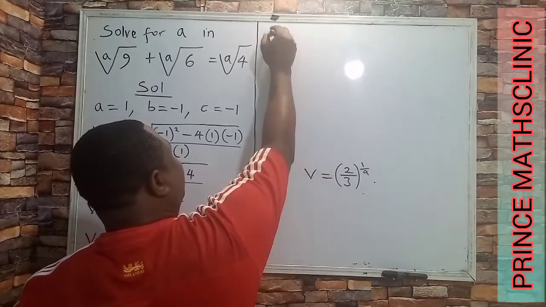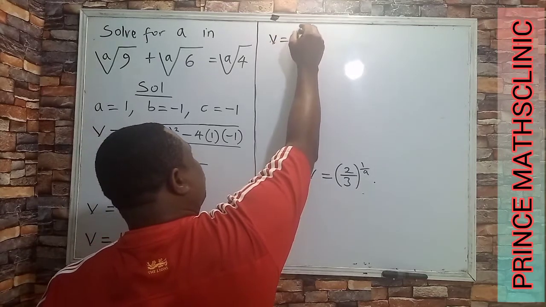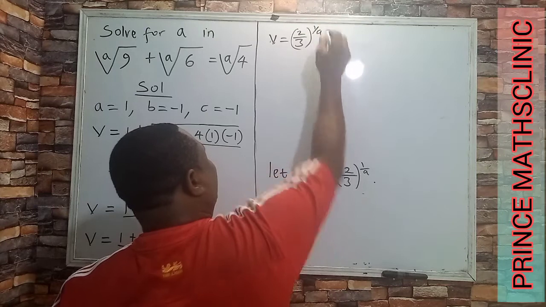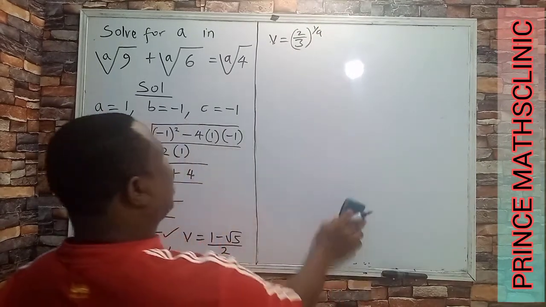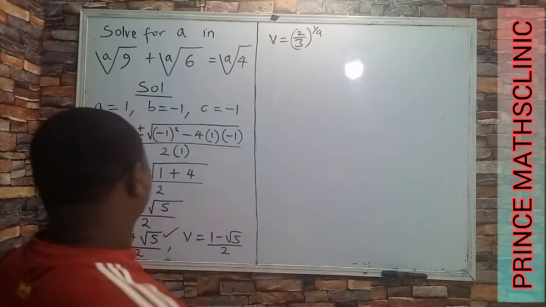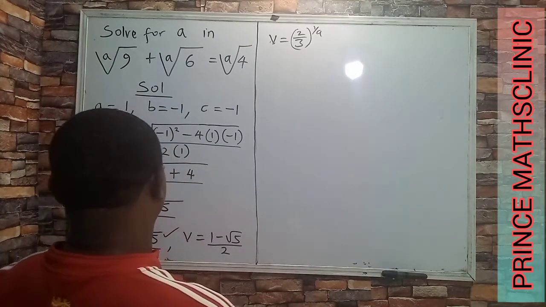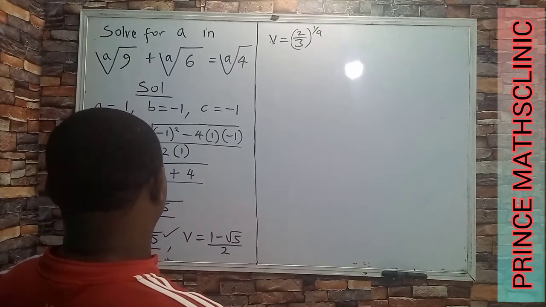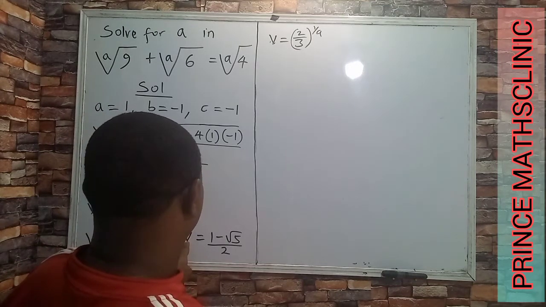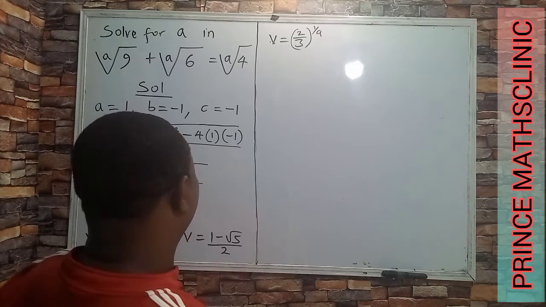You know our v is what? 2 over 3 to the power of 1 over a. I'm going to write it somewhere because I need that as we proceed. Now, what do we do from here? Now that we know that our v is this, what does that mean?